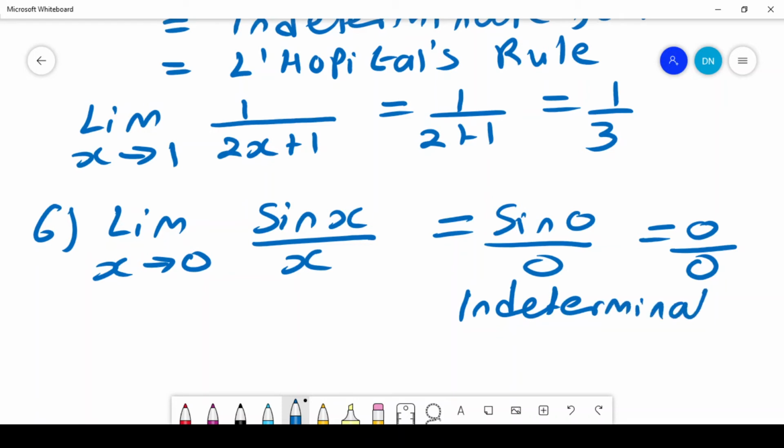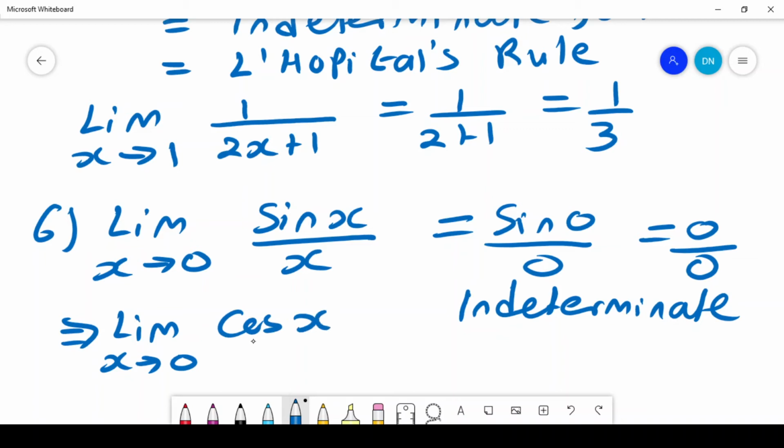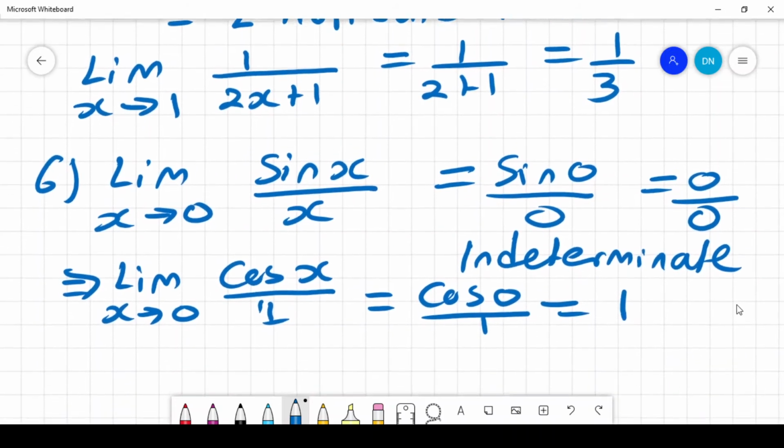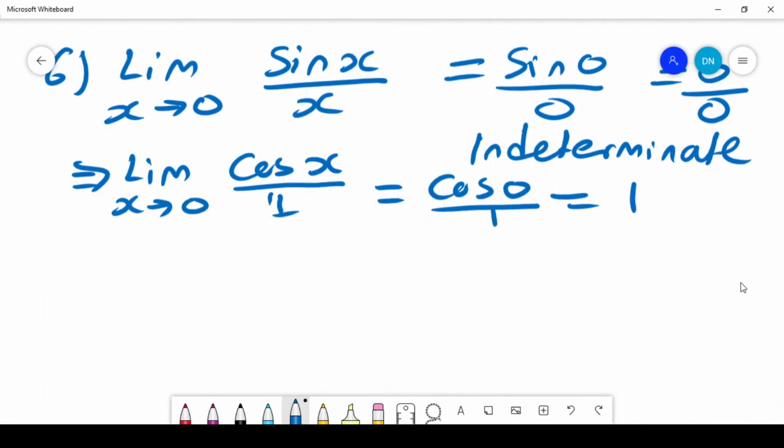We get the limit as x tends to 0 of cos x over 1. If you substitute, it will be cos 0 over 1, which is equal to 1. So whenever you have the indeterminate form, what we use is L'Hopital's rule.